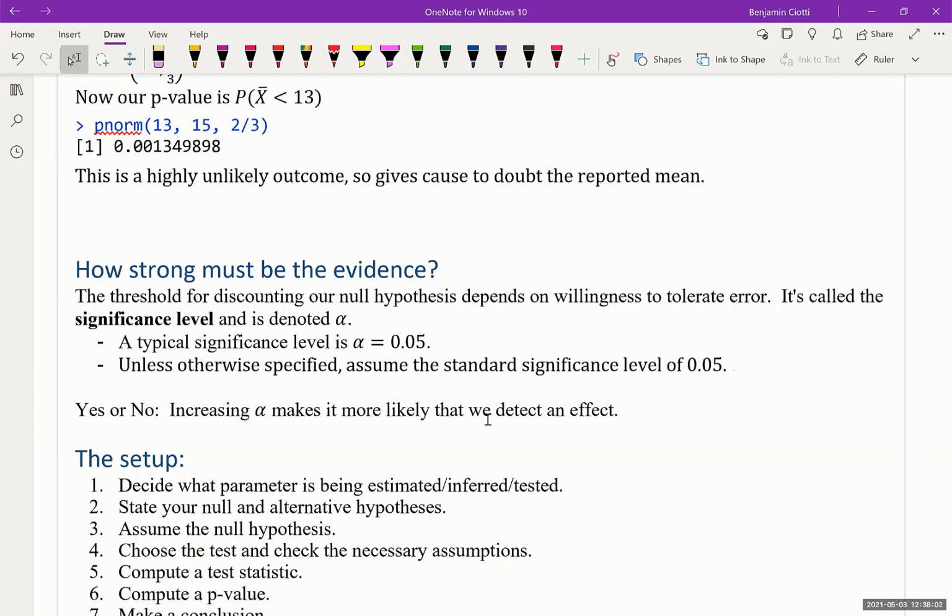Yeah, because the smaller alpha is, the stronger the evidence that we need. If alpha is big, that makes it easier to disregard our null hypothesis in favor of concluding that there is an effect.